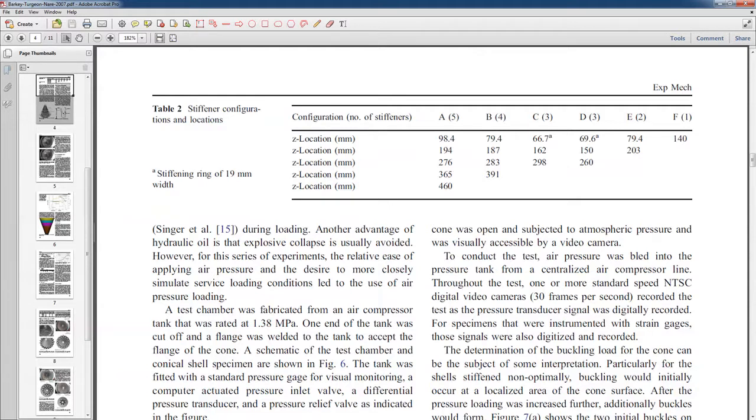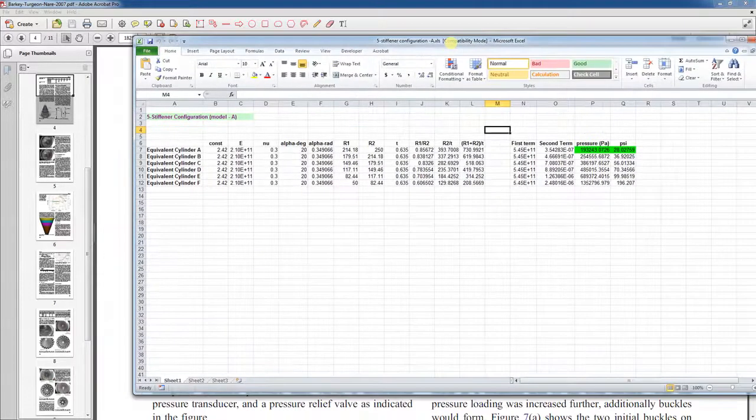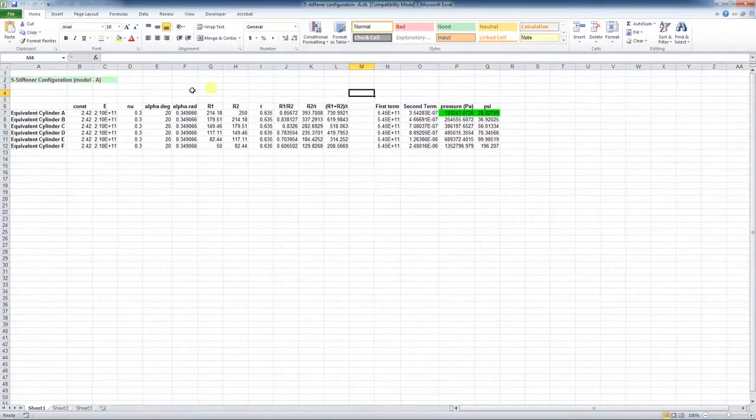Let me do one more thing. I'm going to try to provide you with a couple of spreadsheets where I did these calculations, and you can take a look at them. So this is the equivalent cylinder. This is a 5 stiffener ring configuration. So if we have 5 stiffening rings, we basically have 6 places in which the buckles can form.